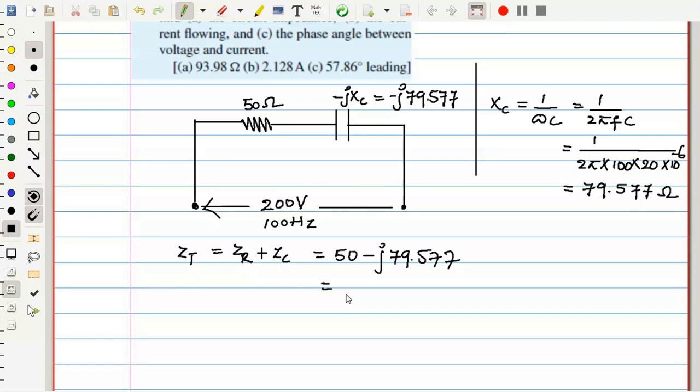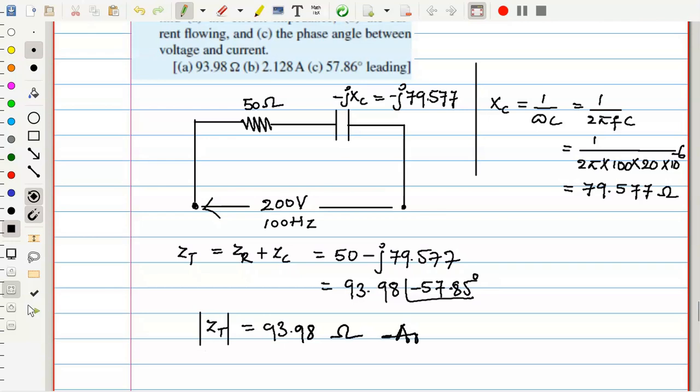Your answer should be in polar form in your calculator. So this is 93.98 at an angle of 57.85 degrees. Impedance means we need the magnitude of the impedance, which is 93.98 ohms. This is the answer.